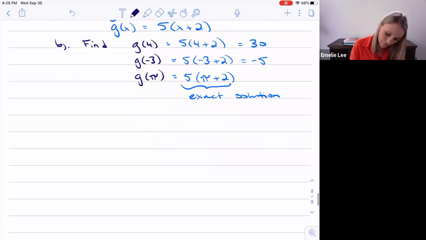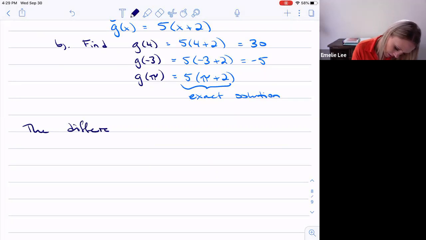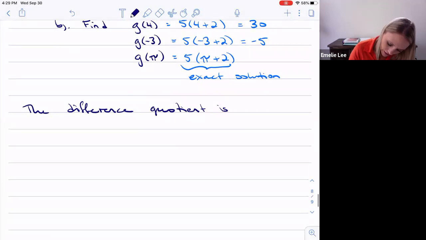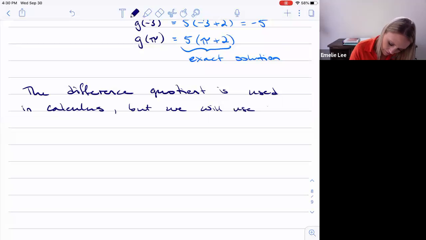And so the difference quotient is used in calculus, but we will use it as an exercise with functions.